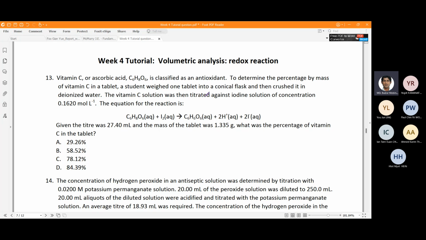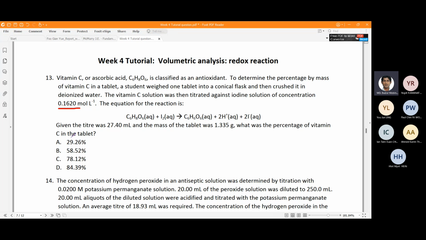The vitamin C solution was then titrated against iodine solution with a concentration of 0.1621 mole per liter. The equation of the reaction is given. From the equation, we see that it is a 1:1 reaction. Very easy for us.